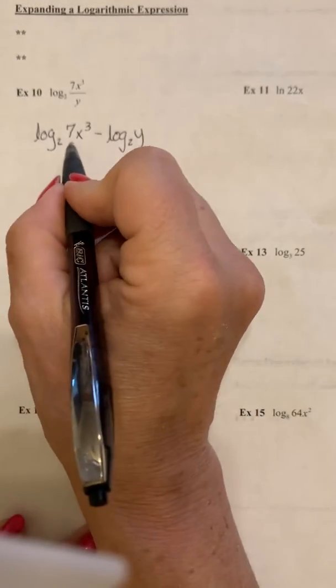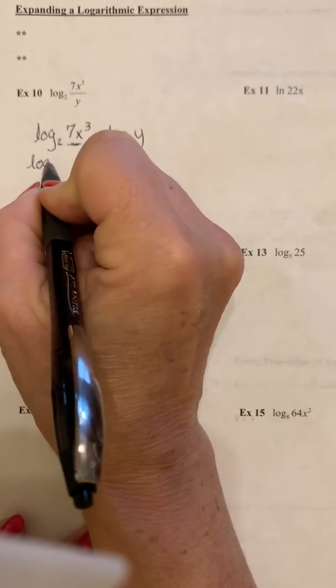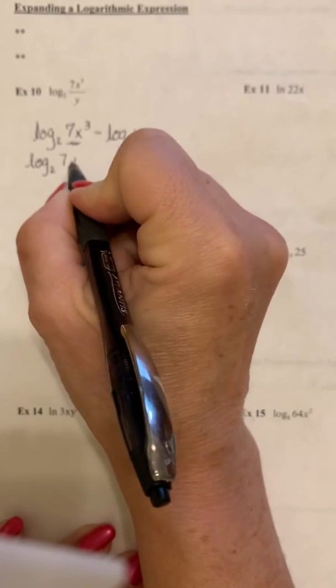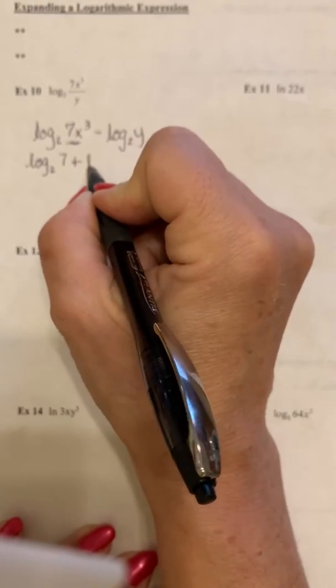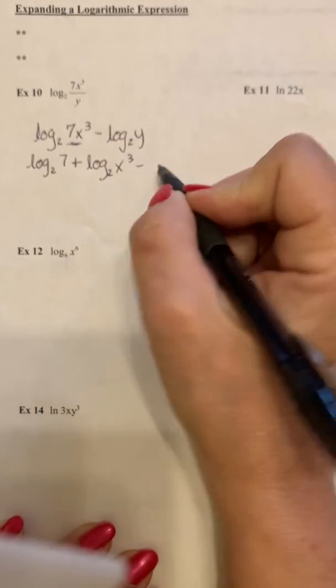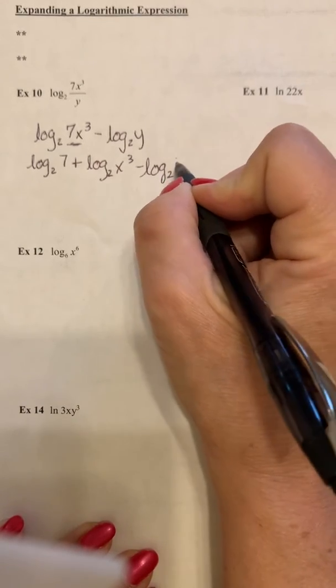Now we need to break up this 7x cubed, and this will be log base 2 of 7. Now remember, we make a sum when they're being multiplied together. Log base 2 of x cubed minus log base 2 of y.